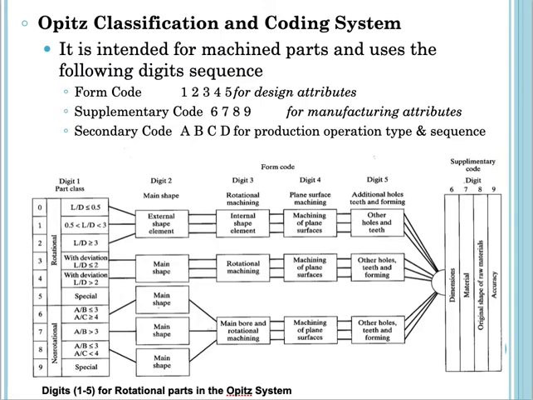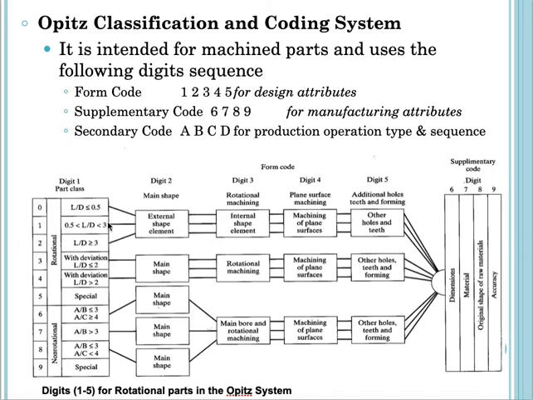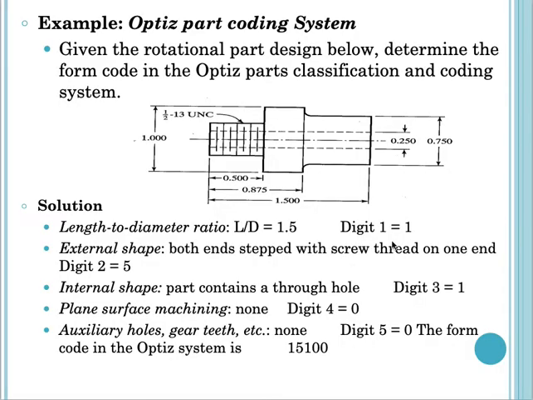So it would be like that. So the first digit is 1, since it lies at 1.5, so it comes as digit 1, isn't it?